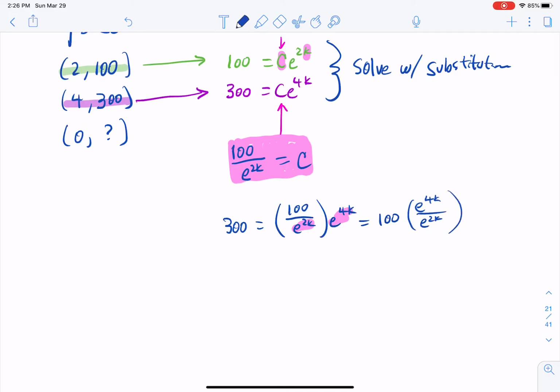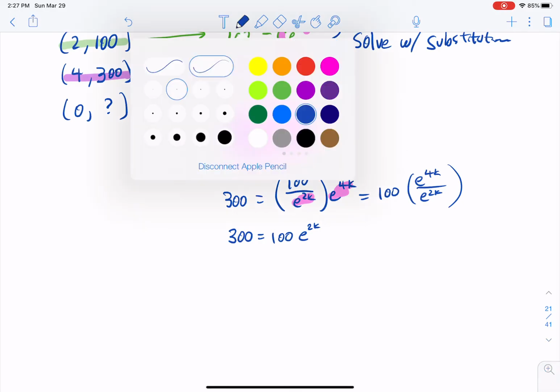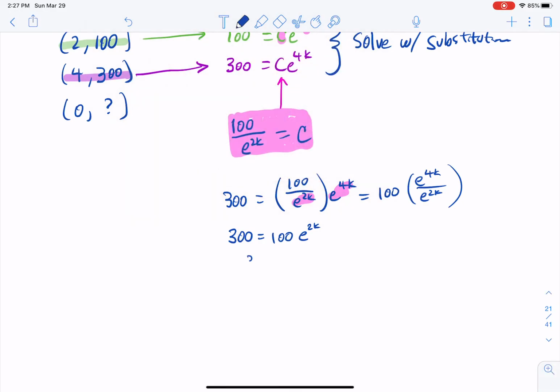Now these have the same exact base, so you can subtract the exponents and simplify your equation as 300 is equal to 100 e to the 2k. Now we're solving this for k, so I'm going to divide by 100. I got 3 is equal to e to the 2k.